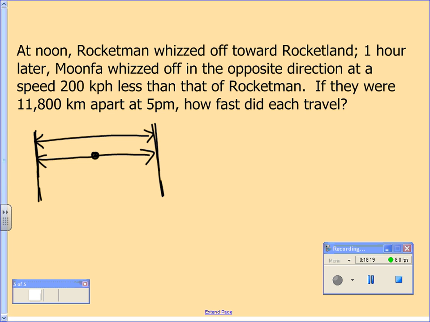What is the total distance? Do we know that? They were 11,800 kilometers apart at the time they were told to stop. Does that make sense? So this is the distance of Rocket Man, and this is the distance of Moonfa.